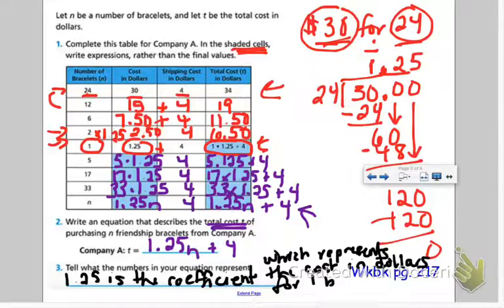I'm running out of space here. And then the other number, 4, represents the shipping. Sorry about the chicken scratch here.